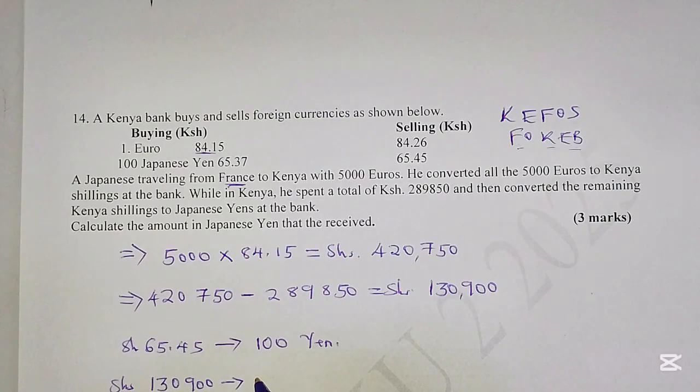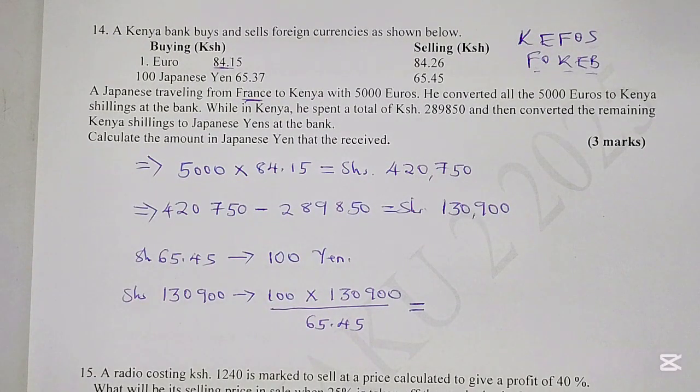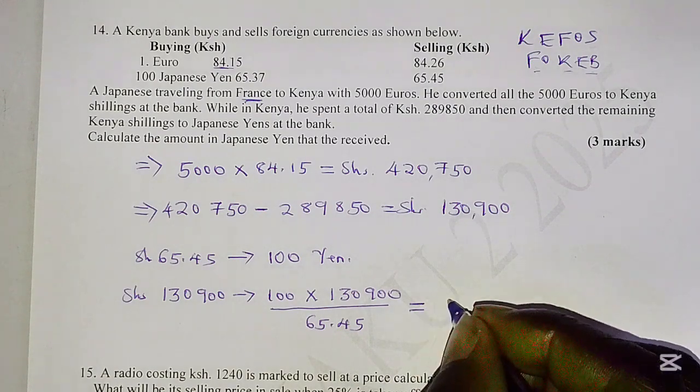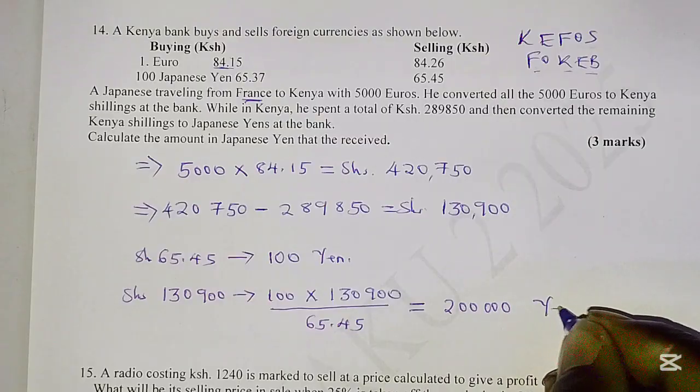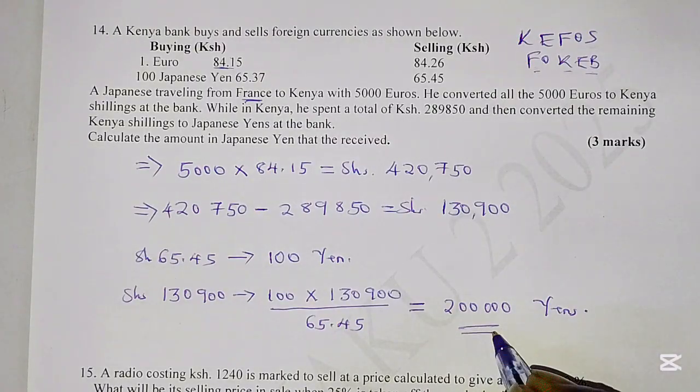So this one is 100 multiplied by 130,900, then divided by 65.45. If you put it on a calculator, it is going to give us 200,000 Japanese yens. This is the money that remained in Japanese yens, 200,000 yens.